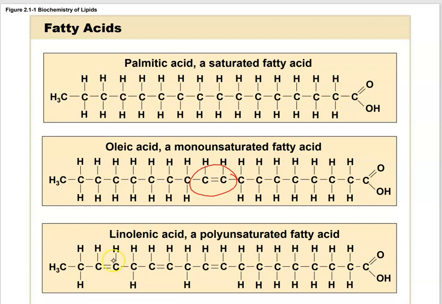Here we have another example where we have a double bond between carbon here, here, and here. And you see all the missing hydrogens right there, because remember, every carbon can only have 4 covalent bonds. If you take up 2 right here and a third one to another carbon right here, then you now have room for 1 hydrogen. So this here is a polyunsaturated fatty acid.